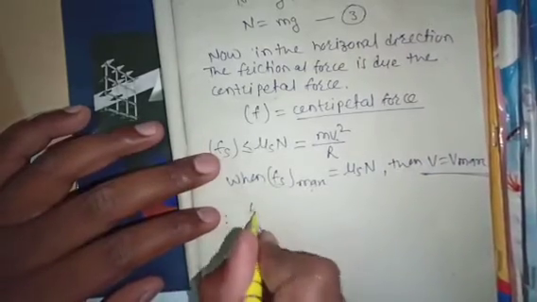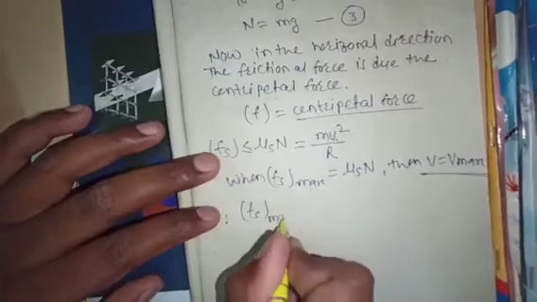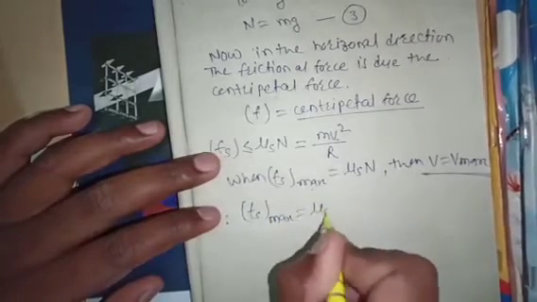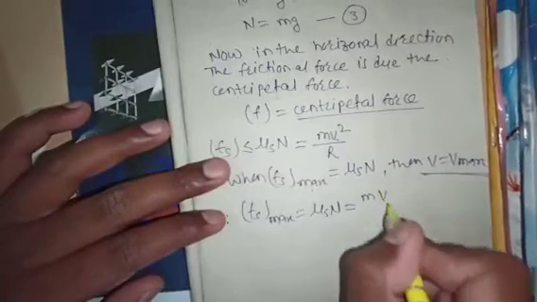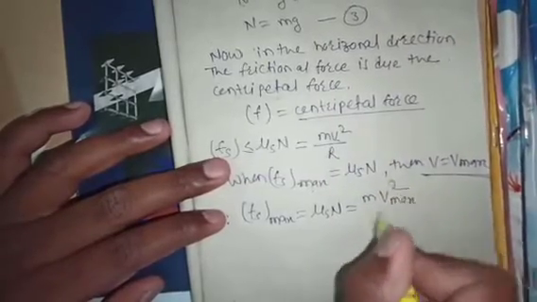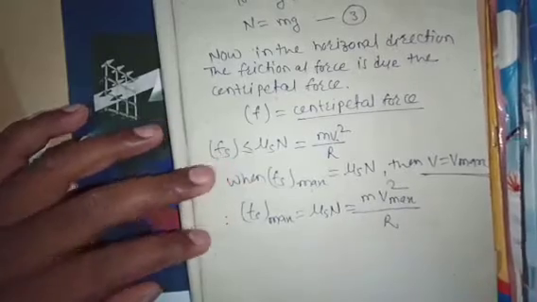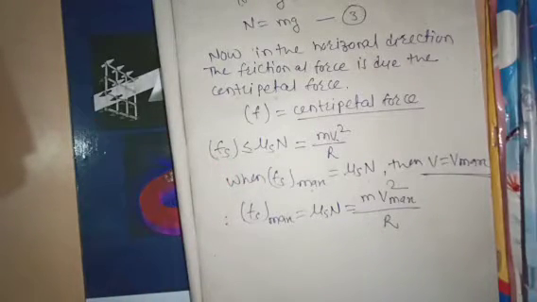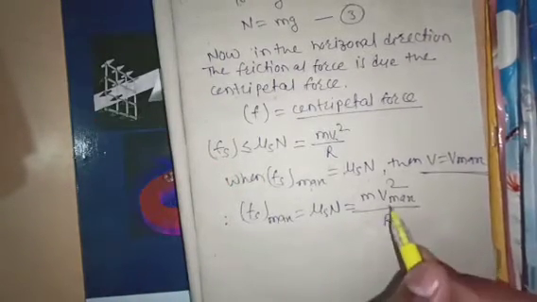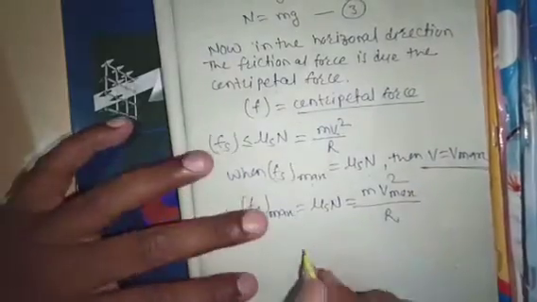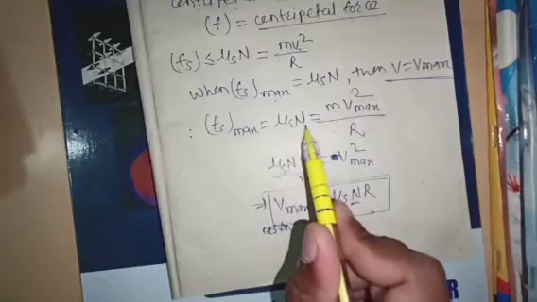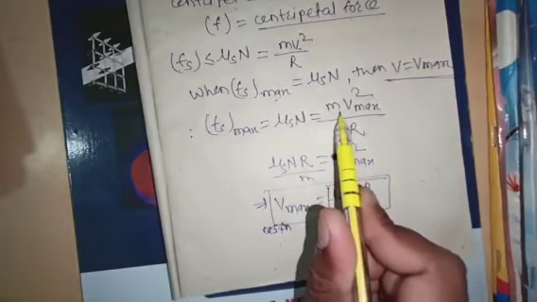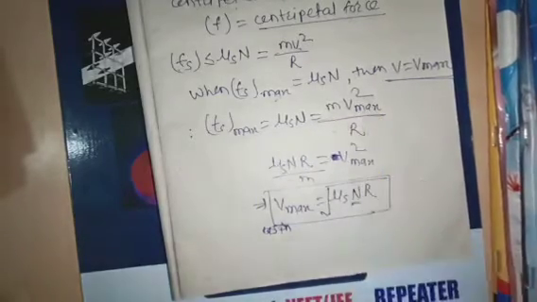Therefore, the maximum static friction is equal to mu s into N, which is equal to m v maximum square divided by r.